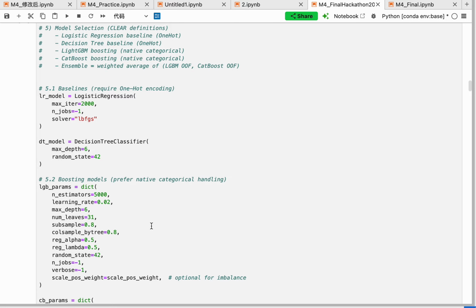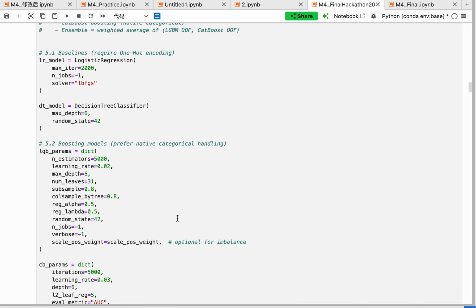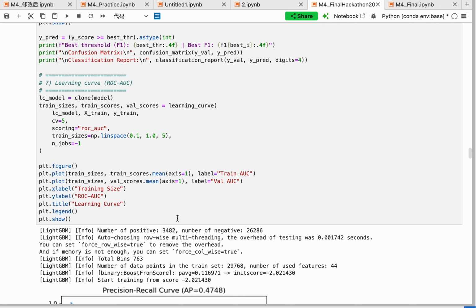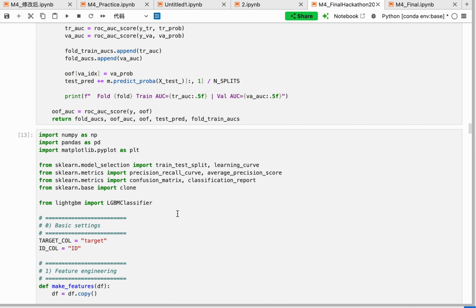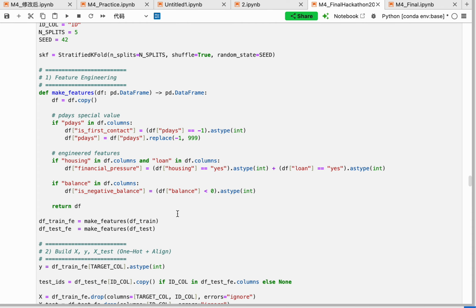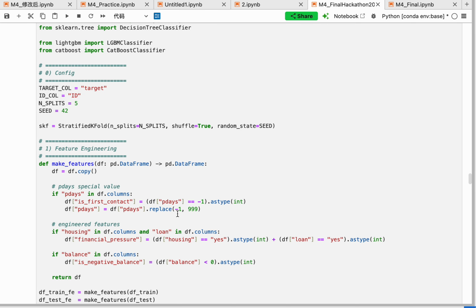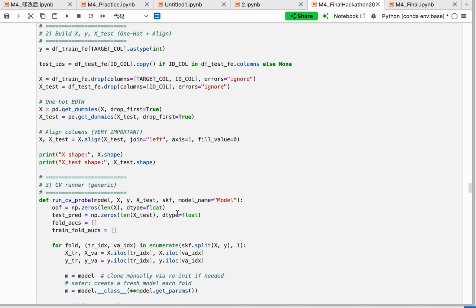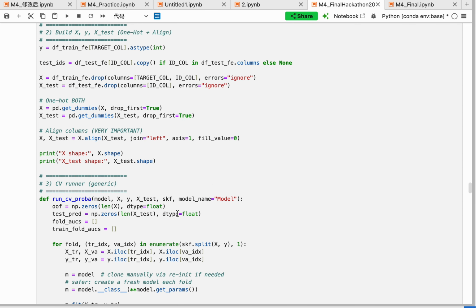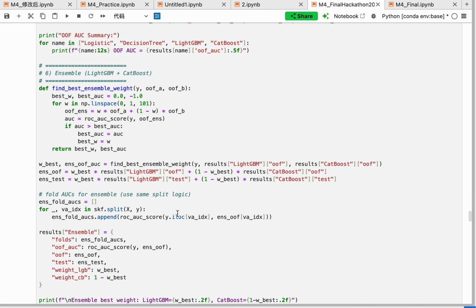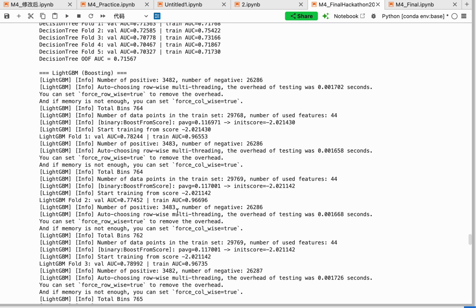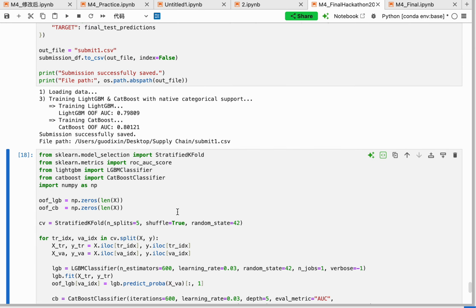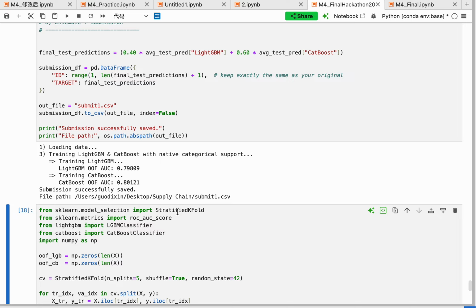I also combined the LightGBM and CatBoost models for analysis. For LightGBM, the train AUC is 0.8 and the validation AUC 0.78. For CatBoost, the train AUC is 0.8 and the validation AUC is 0.8.